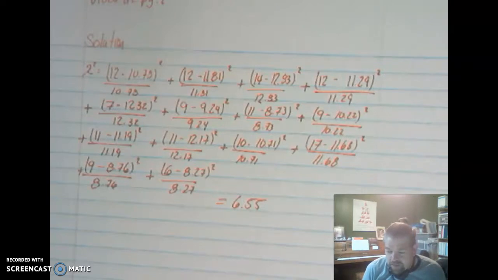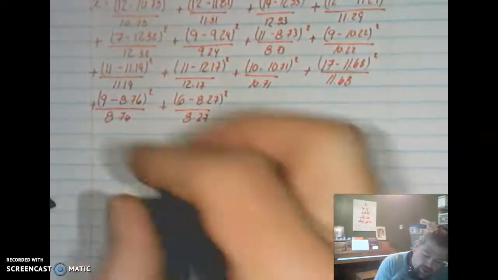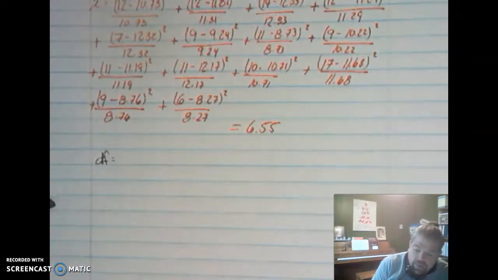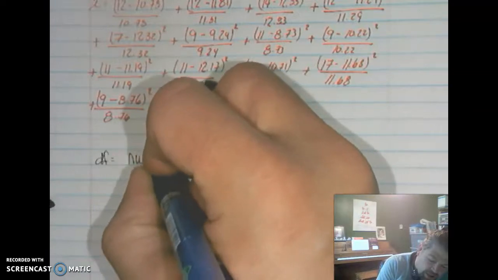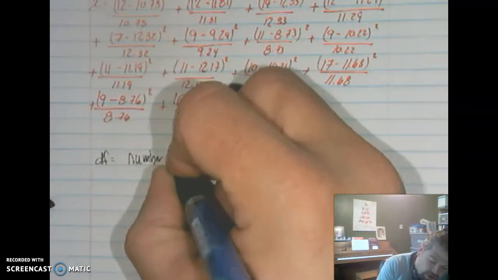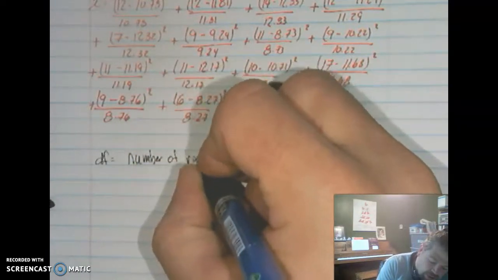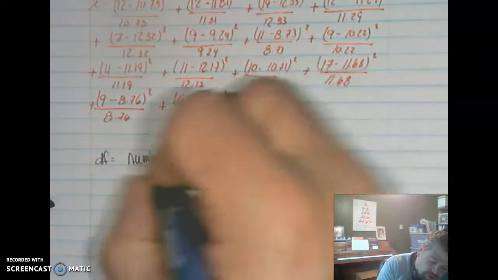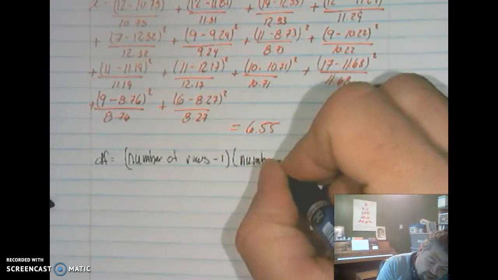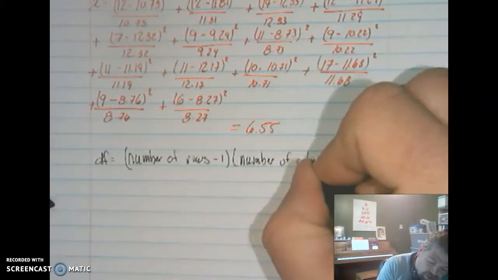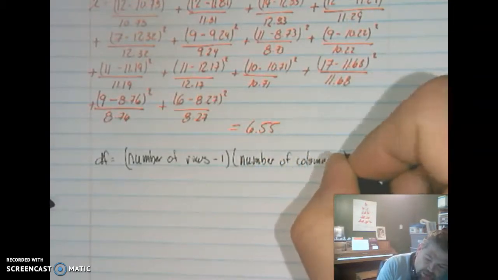Okay, so the next part, we're still going to be using the birthday problem, but we're going to talk about our degrees of freedom. Now, we're dealing with a two-way table. So we take the number of rows and subtract 1, and then take the number of columns and subtract 1.